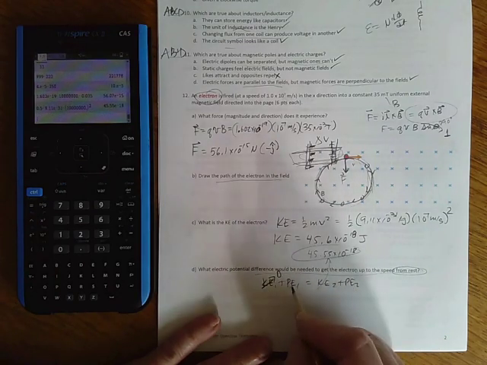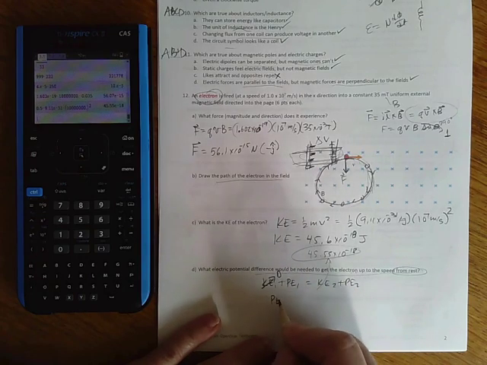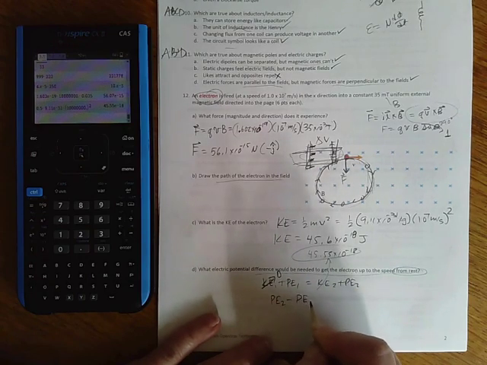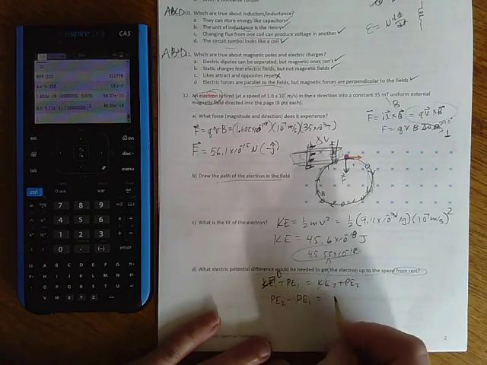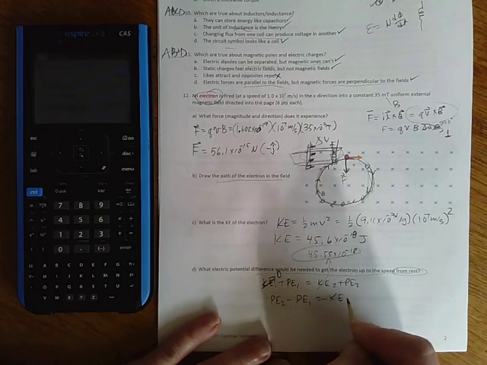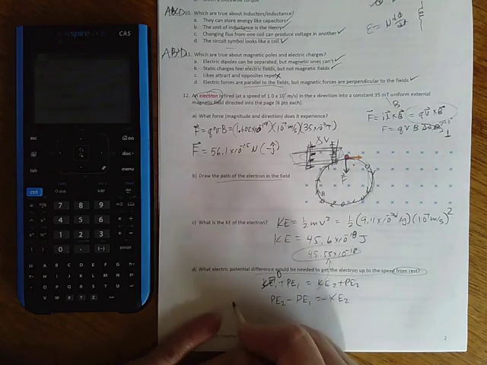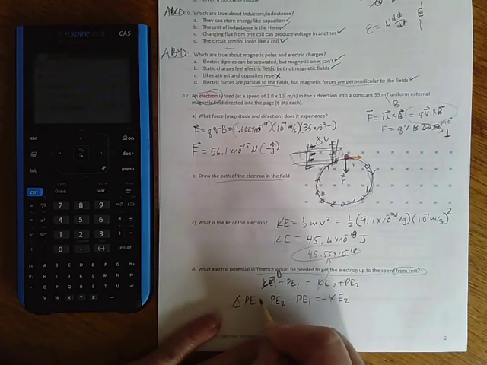So let's just do PE2 minus PE1. Bring this one to the other side, negative KE2. But this is delta PE, right?